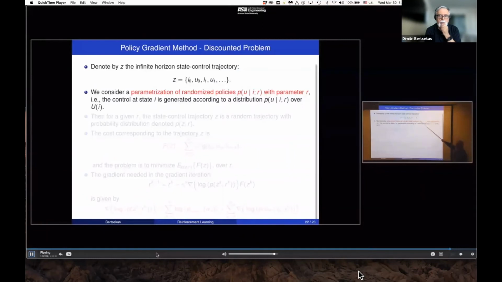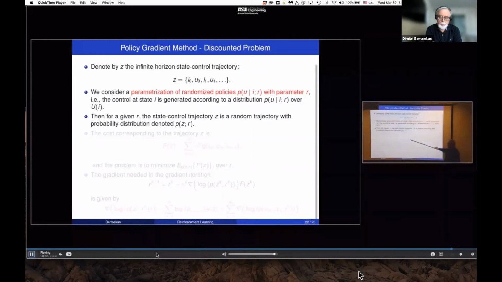So this is our parametrized randomized policy. And then for a given R, the state-control trajectory is a random trajectory with a well-defined probability distribution, which we denote by P. So remember, we have the random variable Z, the probability distribution that's parametrized by R, and samples of Z are generated by this probability distribution.